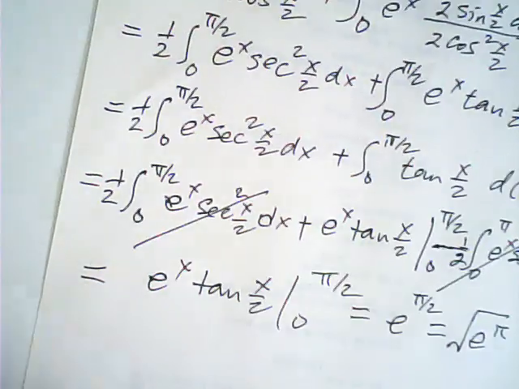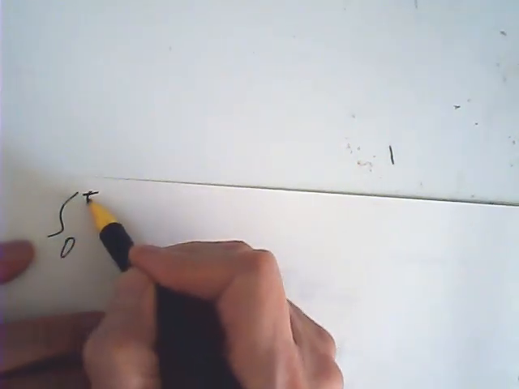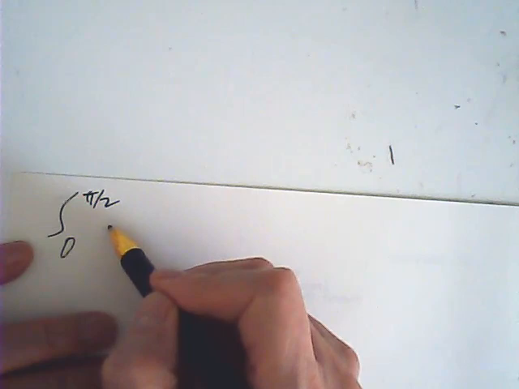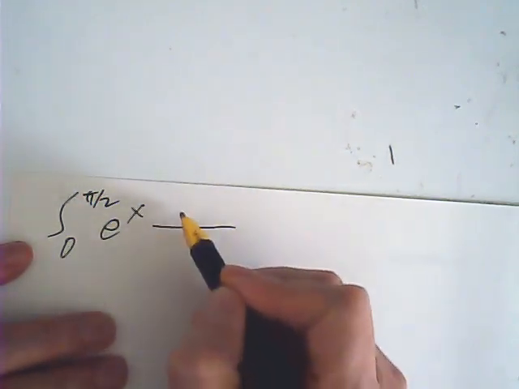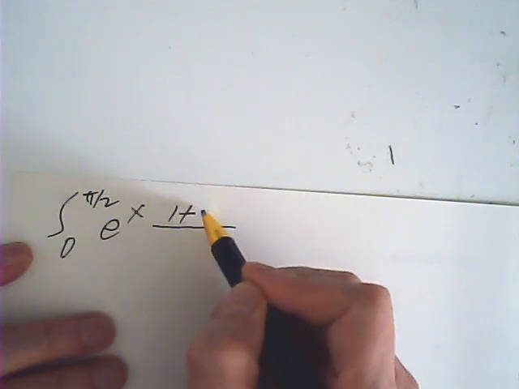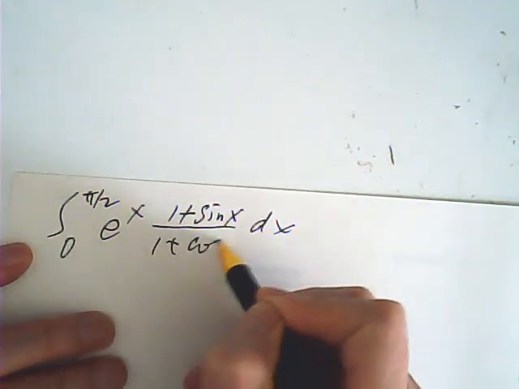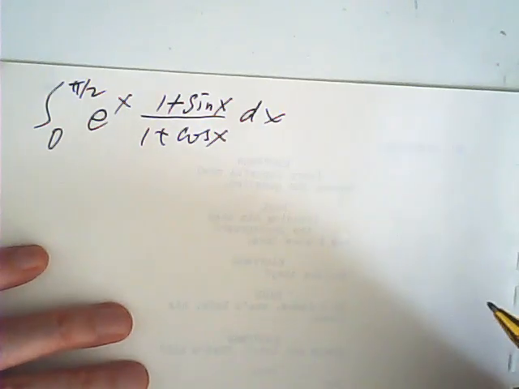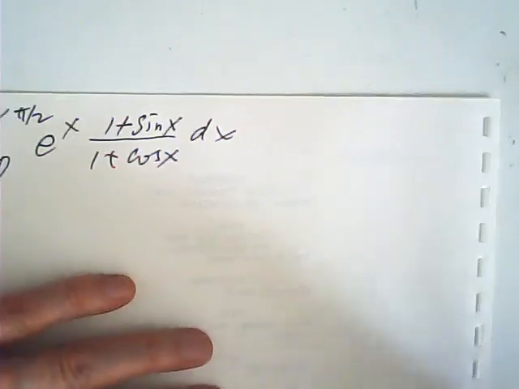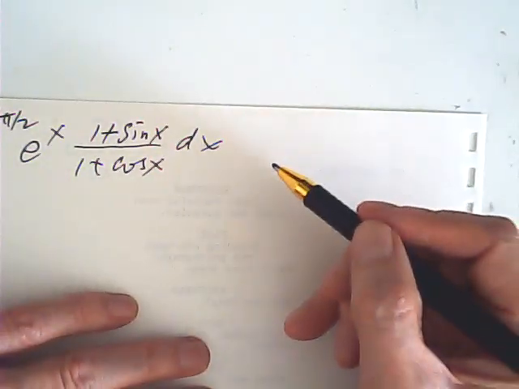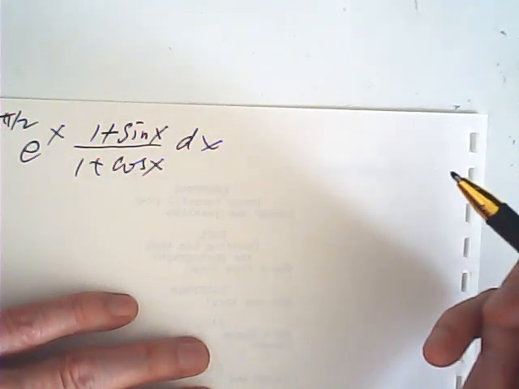Now method 2. Integral from 0 to half pi e^x (1 plus sine x) dx over (1 plus cosine x). Now the second method is I start with this.